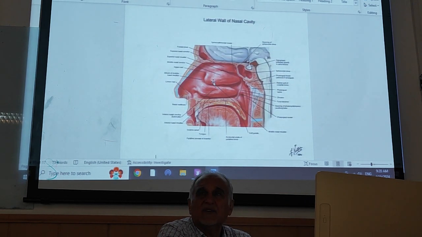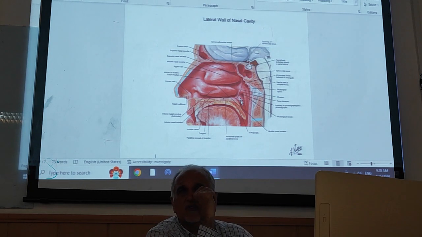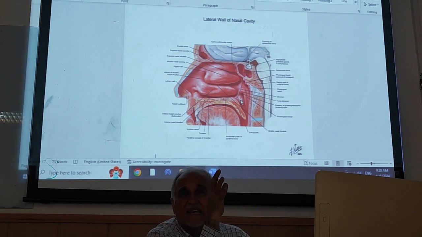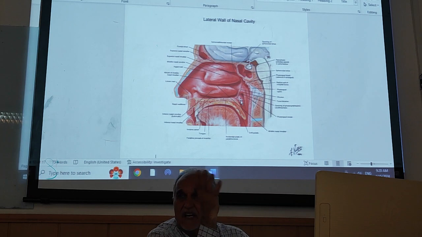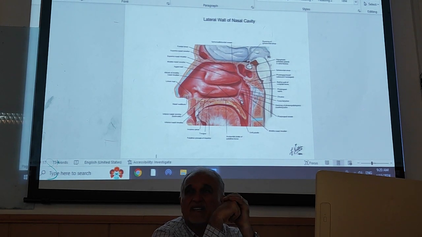And here again you can see all this part covered by the mucosa, and of course the sinuses that we have here. I'm sure you know that we have different kinds of bones, especially the ones around the nose and ear. What kind of bones do we have in a skull that are special?